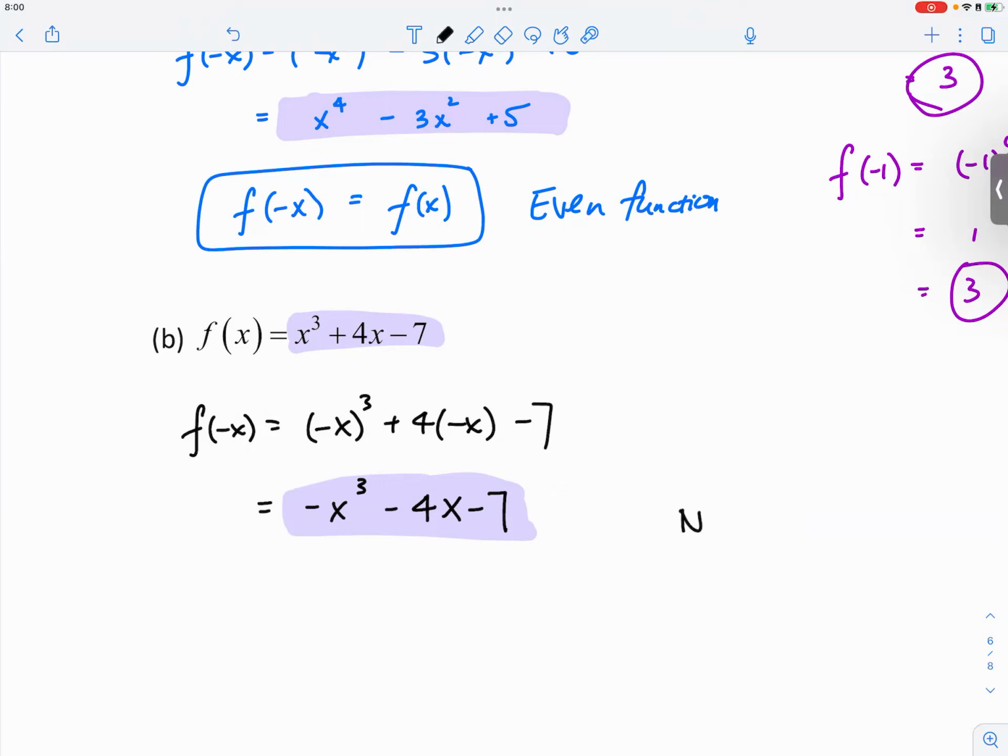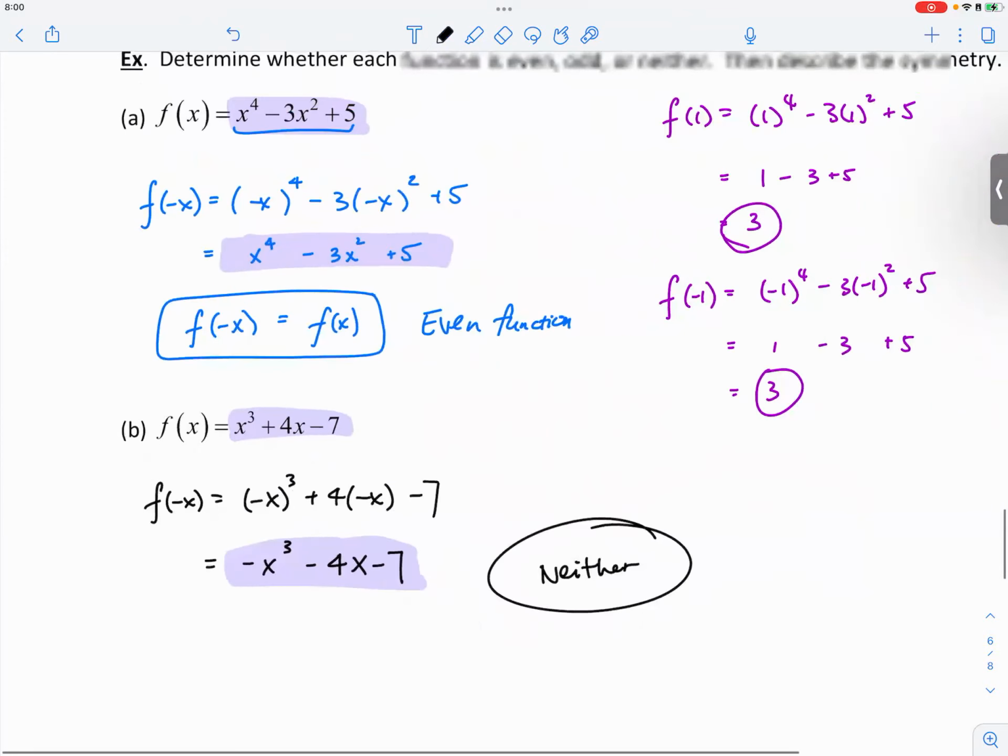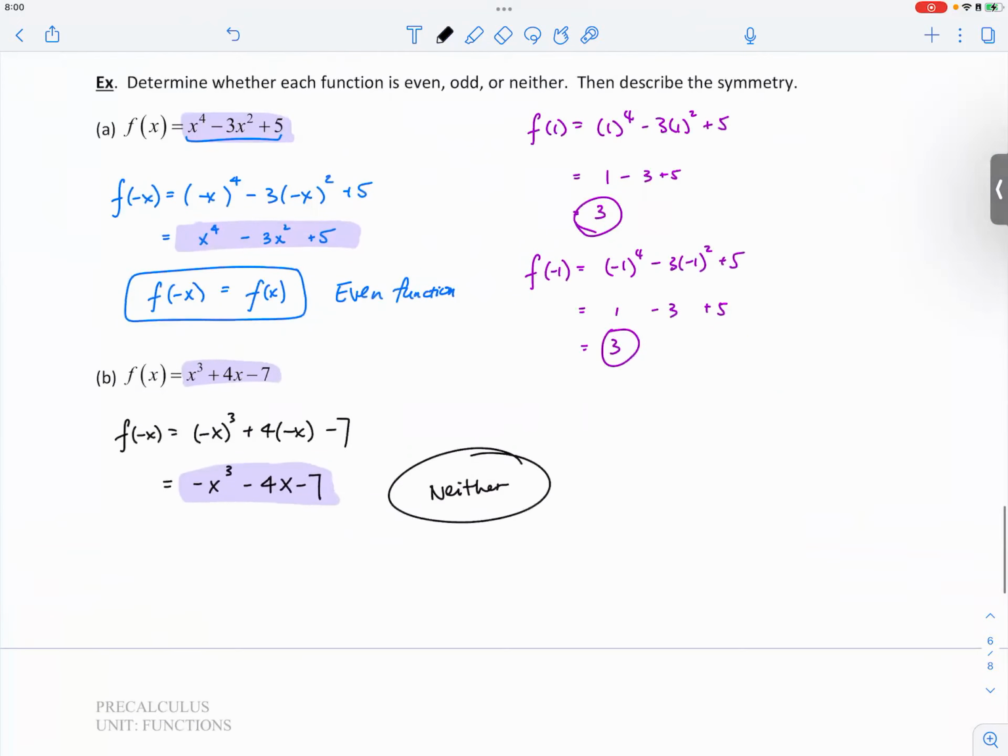So therefore, in this case, we have neither. And this proves one thing, and that is you would never, okay? I do not want to see this next week on the quiz or on test. You should never, ever judge or decide whether a function is even or odd based on the exponents that you see. You actually have to put in the f of negative x in order to see what it is.